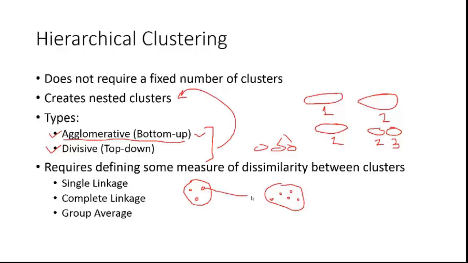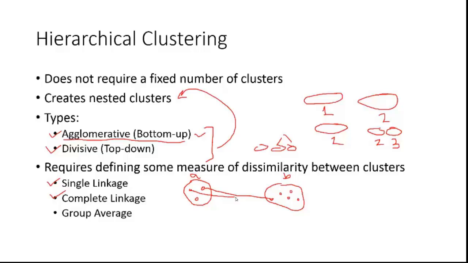In this case, probably this would be the minimum, and for that reason it's called min as a definition of dissimilarity. Complete linkage, in contrast, takes the maximum. I need to take one point from cluster A and one from cluster B. Which combination of points gives me the maximum distance?